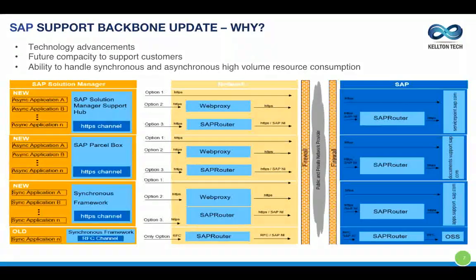From 2020 onwards, the RFC connection will not work. It will only be an HTTPS channel. Why? Because the communication has to be secure, and RFC based communication is not as secure. So that is the reason why it is critical to understand that every communication will happen only through an HTTPS channel.